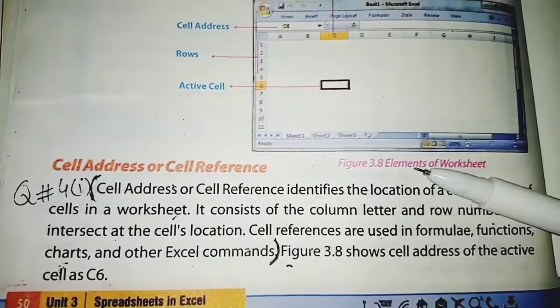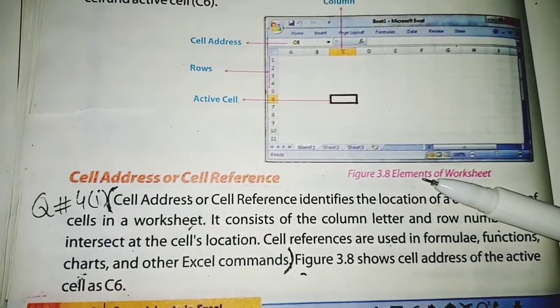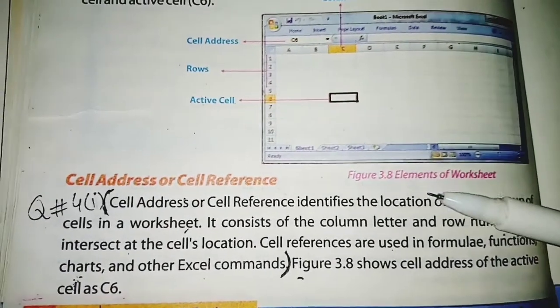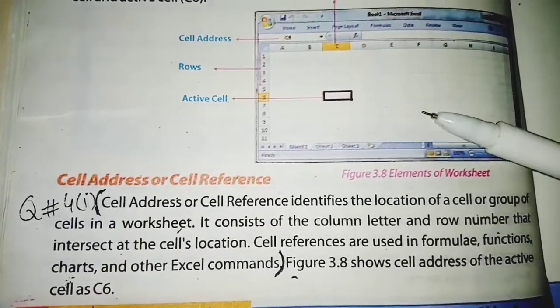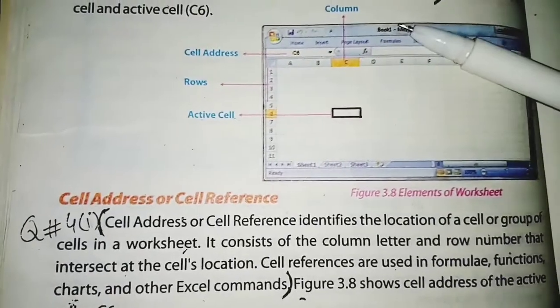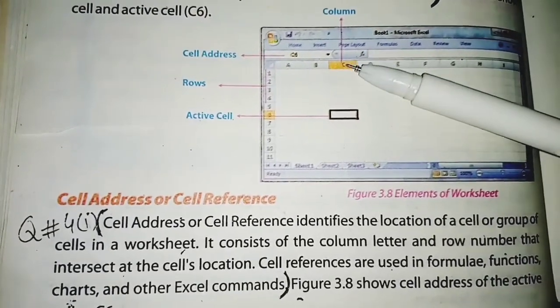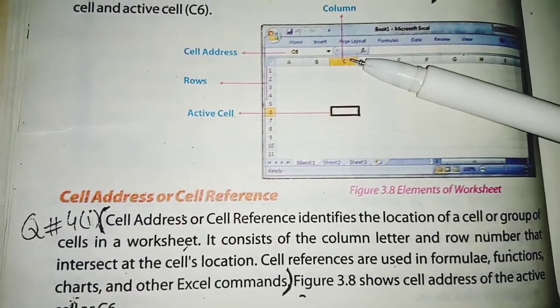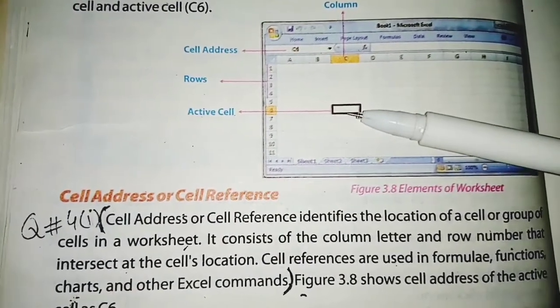Students, next is cell reference or cell address. Just like the home address, school address, every cell has a unique cell address. This cell address tells us about the location of the cell in a worksheet. For example, the location of this cell is C6 because this cell is lying in the C column and 6th row.